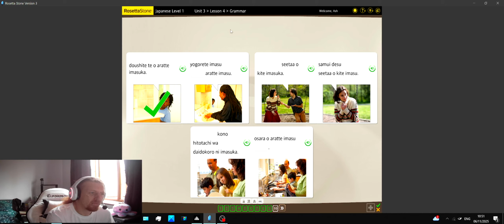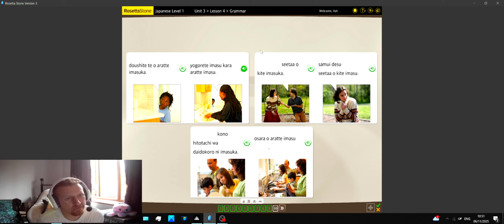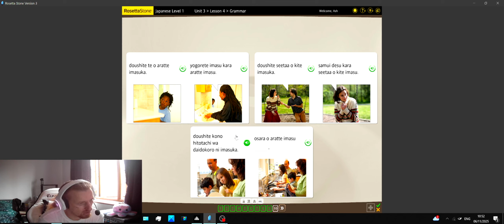どうして手を洗っていますか？ 汚れています。 洗っています。 汚れていますから洗っています。 どうしてセーターを着ていますか？ 寒いです。寒いですからセーターを着ています。 どうしてこの人たちは台所にいますか？お皿を洗っていますから。 So lovely.